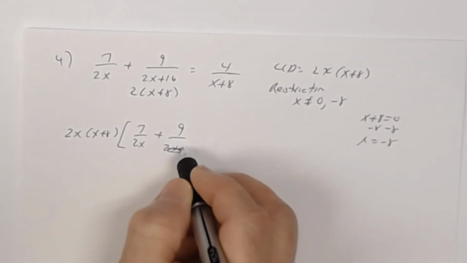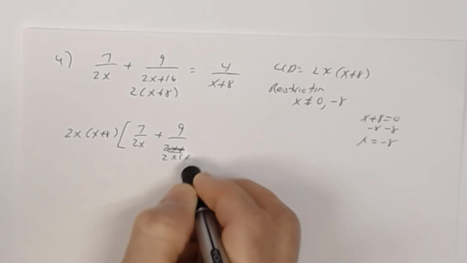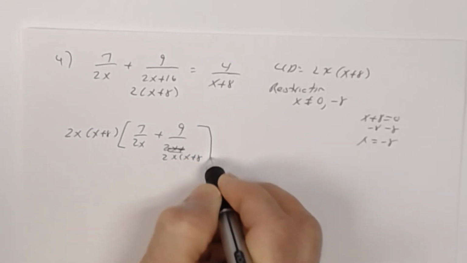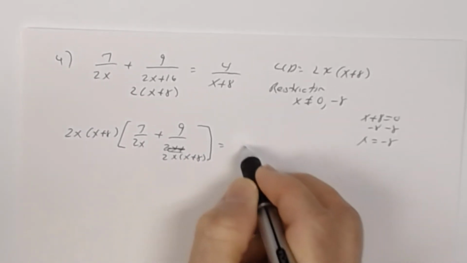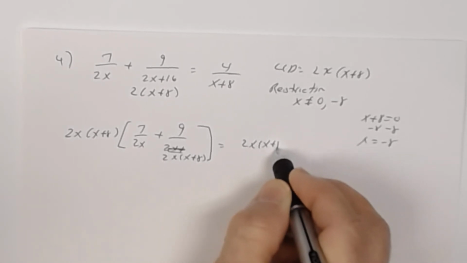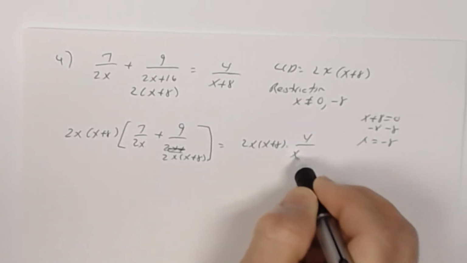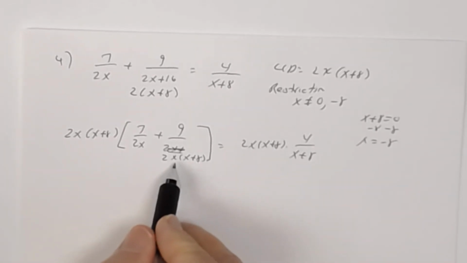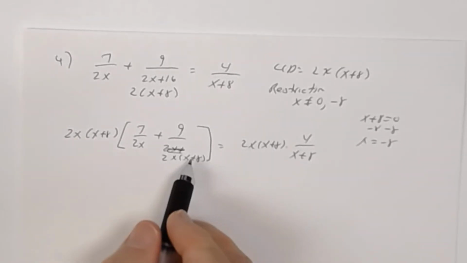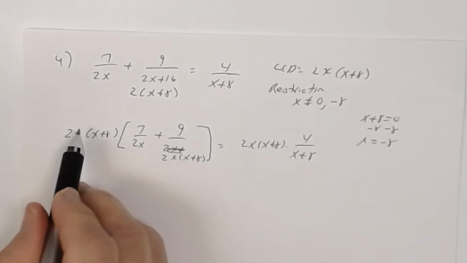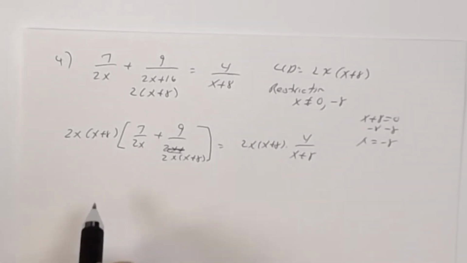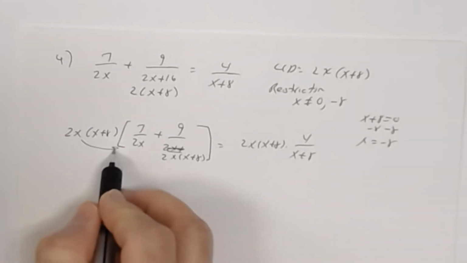Don't forget factored form. So 2x times x plus 8, equal, and then 2x times x plus 8 times 4 divided by x plus 8. The reason we want to use factored form is so that you can see which factors divide into the LCD. Once you do that, the next step is to distribute.